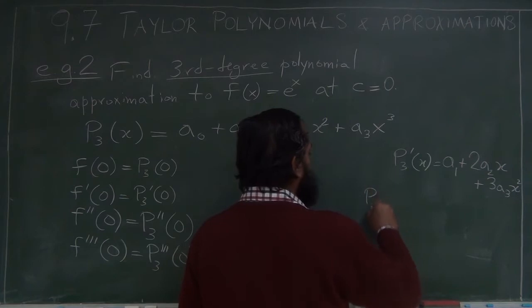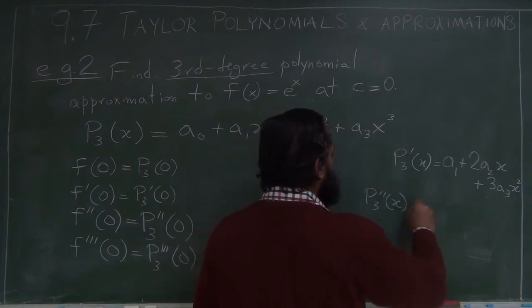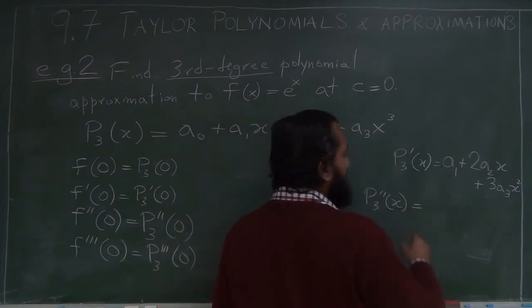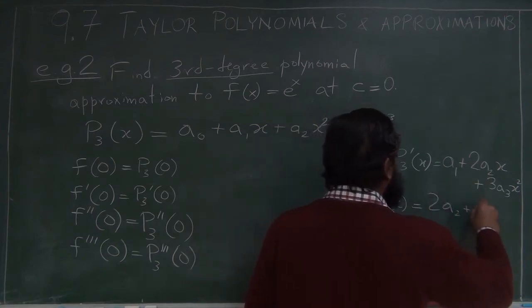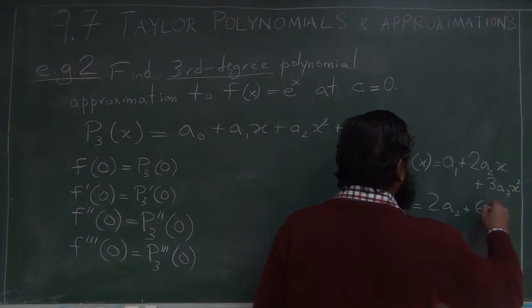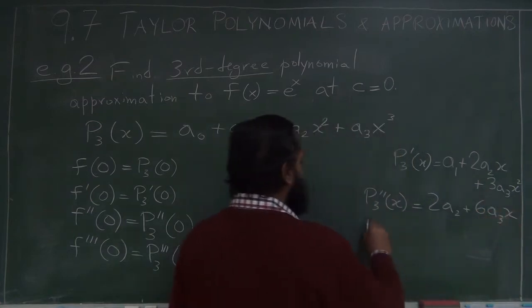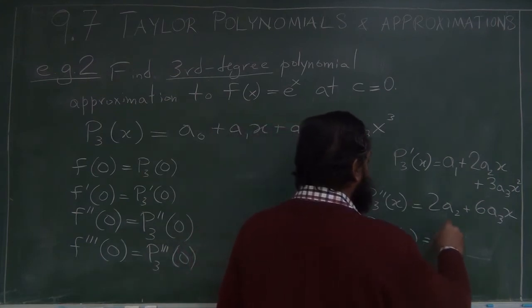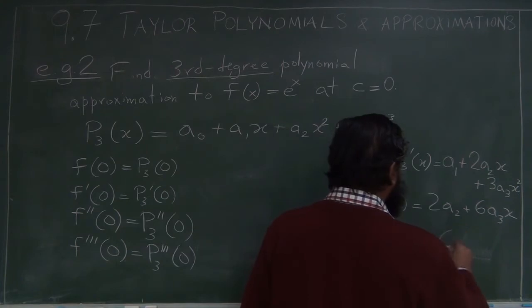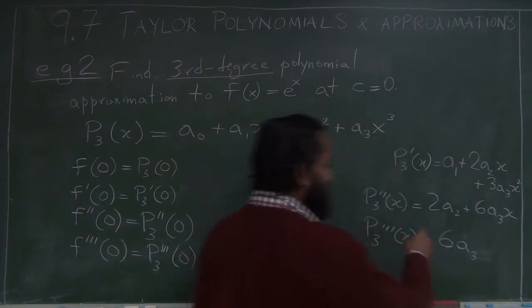The second derivative: a1 vanishes, you have 2a2 plus 6a3x. And finally the third derivative: this is a constant and goes away, and we get 6a3.